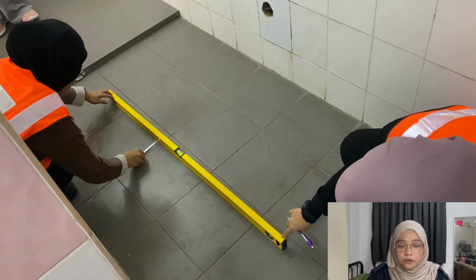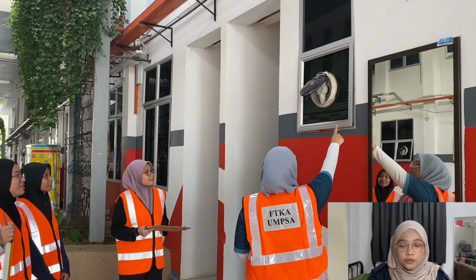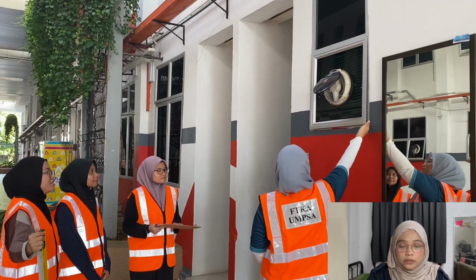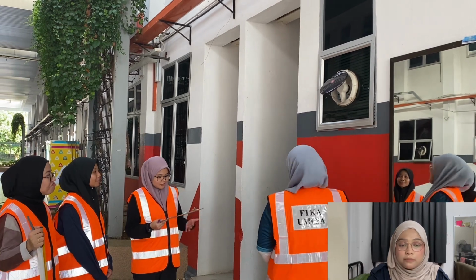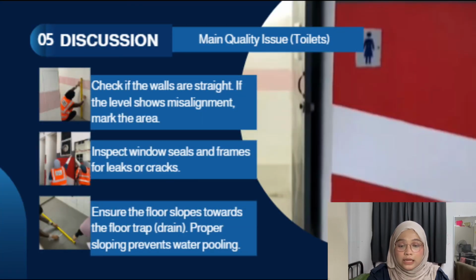From floor to ceiling, every component had poor finishing and alignment, which was exacerbated by material faults and accessory difficulties. Resolving these issues will not only improve the toilets' visual appeal, but also their functionality and long-term sustainability, resulting in a more user-friendly environment.